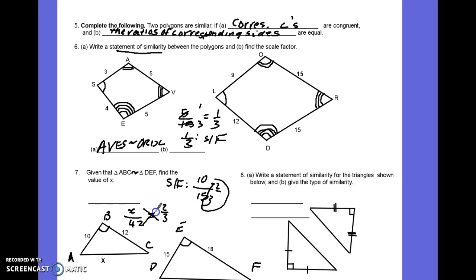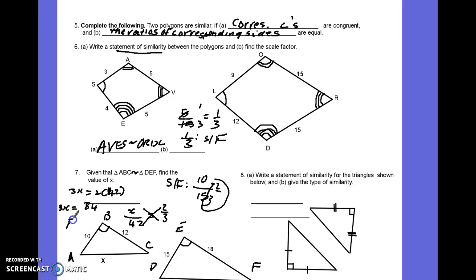And with the cross multiplication, we get 3 times x is equal to 2 times 42, sorry. All right, let's work it out. 3x equals 2 times 2 is 4, and 2 times 4 is 8, 84.